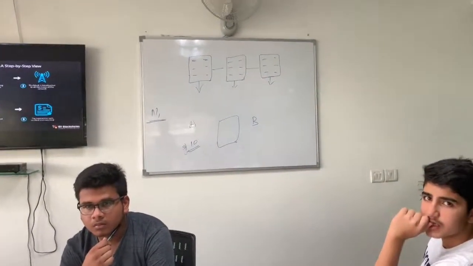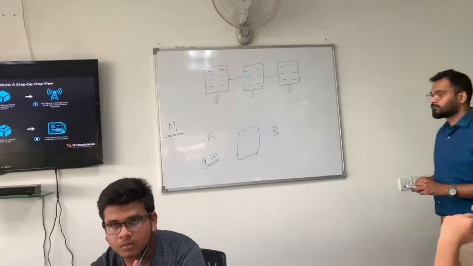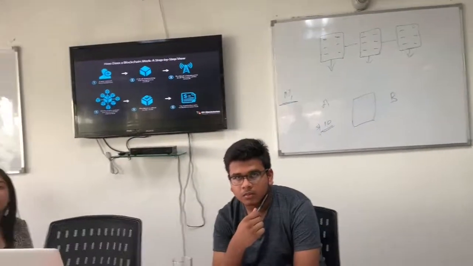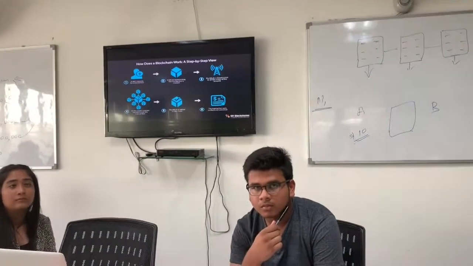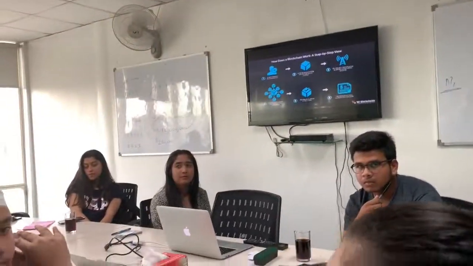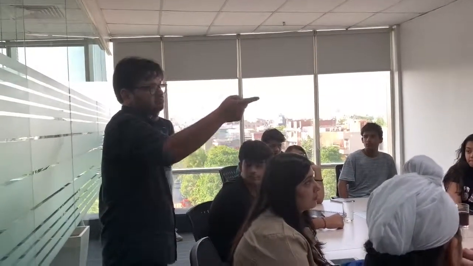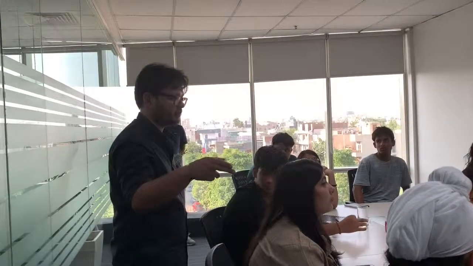Okay, so the fourth point is all the nodes validate the block and the transaction. Let's first talk about what exactly a transaction is. Say Tusharika has to send $10 to you. She makes a request to the bank to take $10 from her account and transfer it to you.